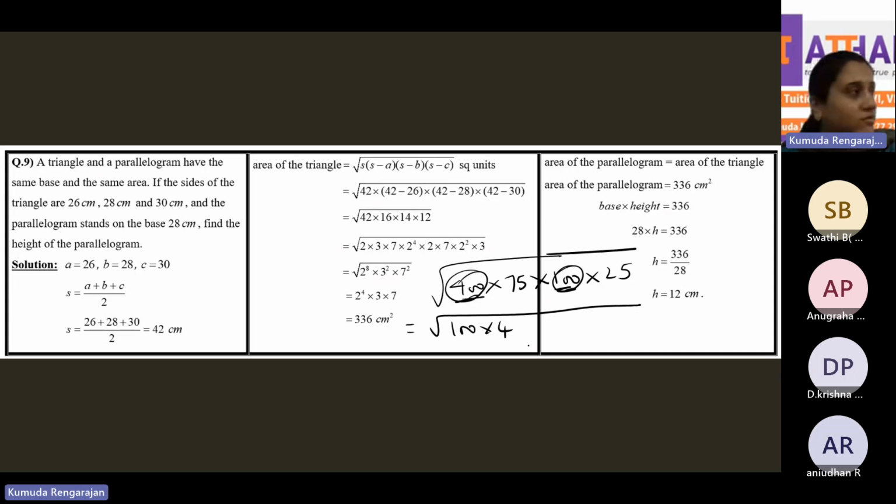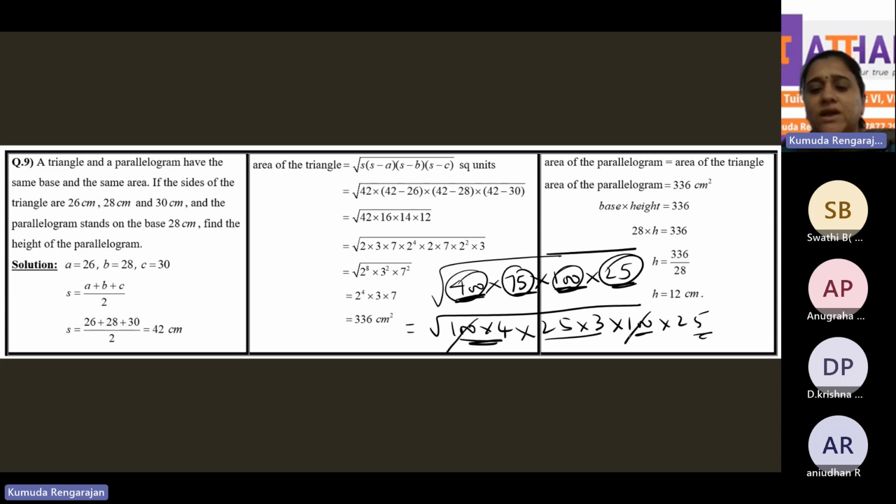So write this 400 as 100 into 4. And this is 75, this is 25, so you can write this 75 as 25 into 3. Write this 100 as it is and 25 as it is.